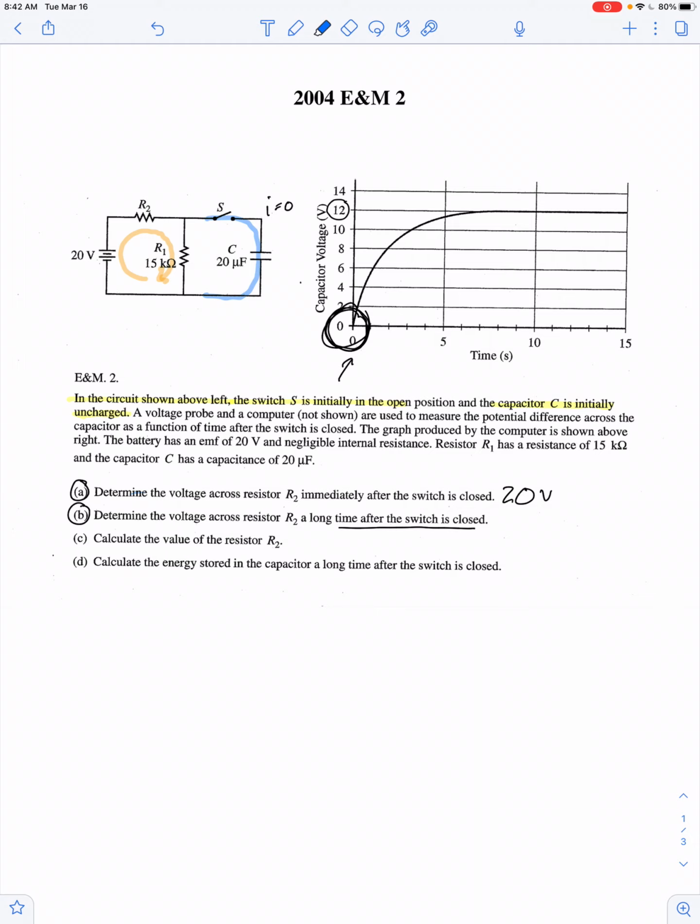So how could we determine what the voltage across resistor number 2 is? Well, resistor number 1 is in parallel with the capacitor.